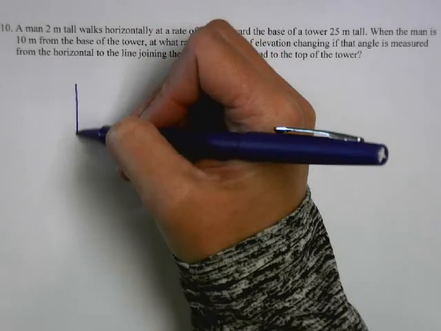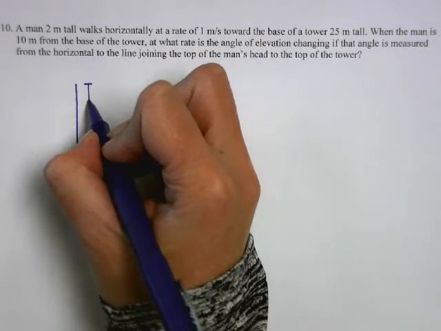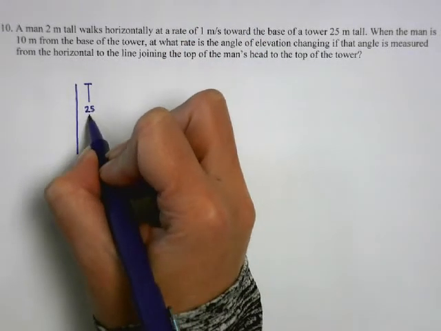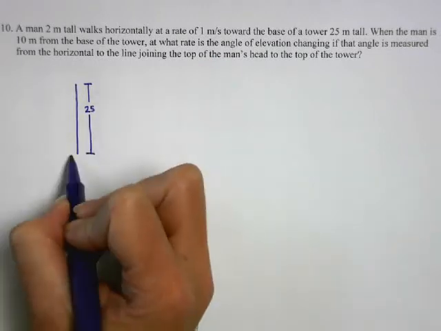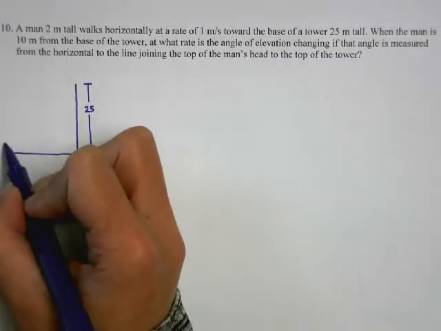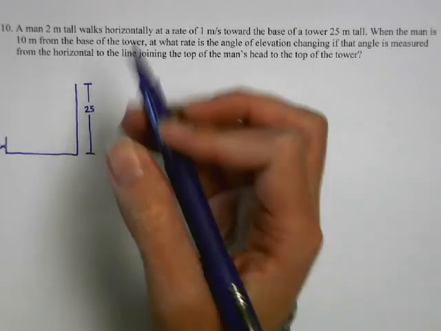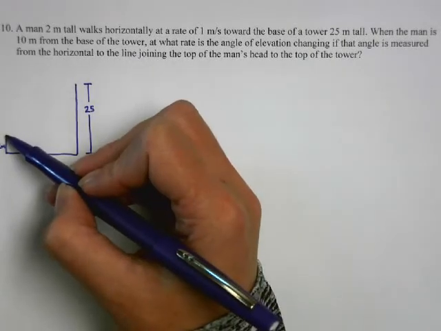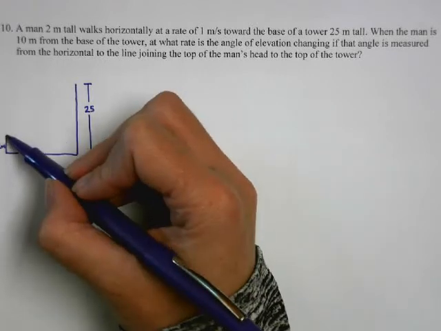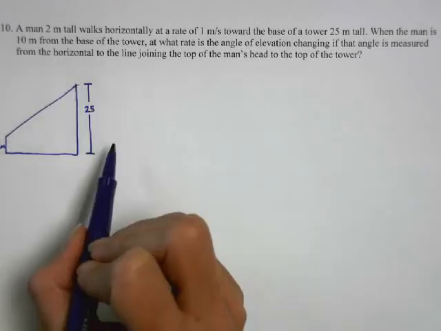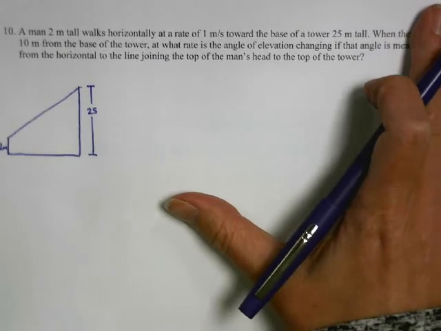All right, so let's say I have my 25-meter tower. And somewhere we have a man who is 2 meters tall, and he's walking towards the base of the tower. I'm going to call that distance x.